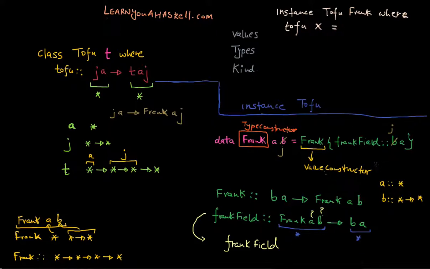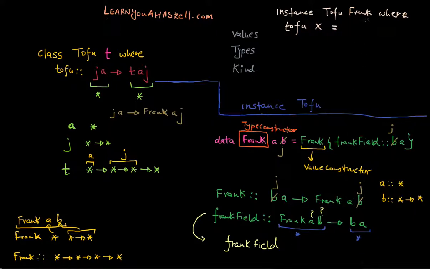What is the type of the value constructor? The type of that value constructor is right here. It takes in as an input something of type BA and out comes back something of type Frank AB. Now again, my B in this case is a J, so I need to pass in something of type JA, and out comes back something of type Frank AJ.